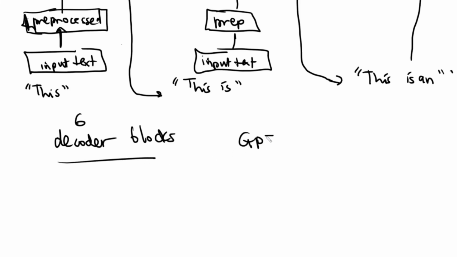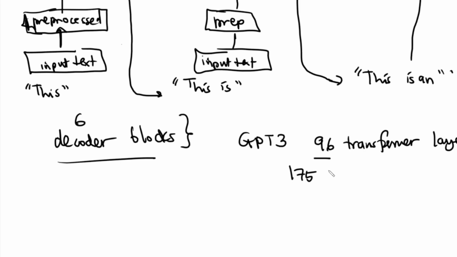But GPT-3 had 96 transformer layers, compared to the six decoder blocks, with 175 billion parameters in total. That is much larger than what they introduced in their first paper.